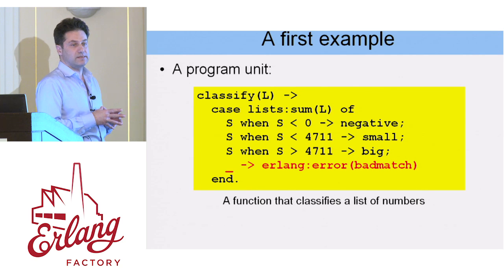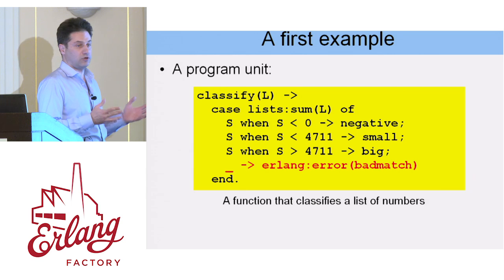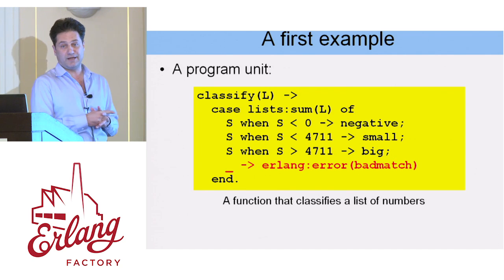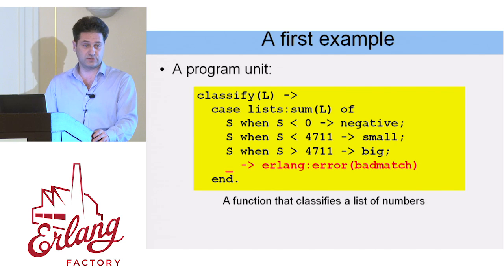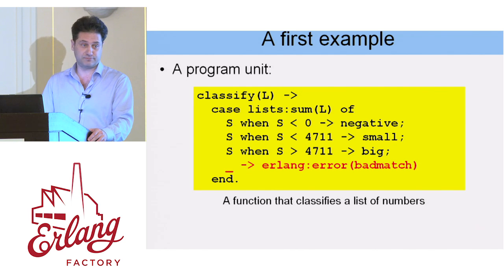The compiler inserts an implicit catch-all case clause here that will throw an exception if none of the other clauses match. And there are values for which the other clauses don't match.